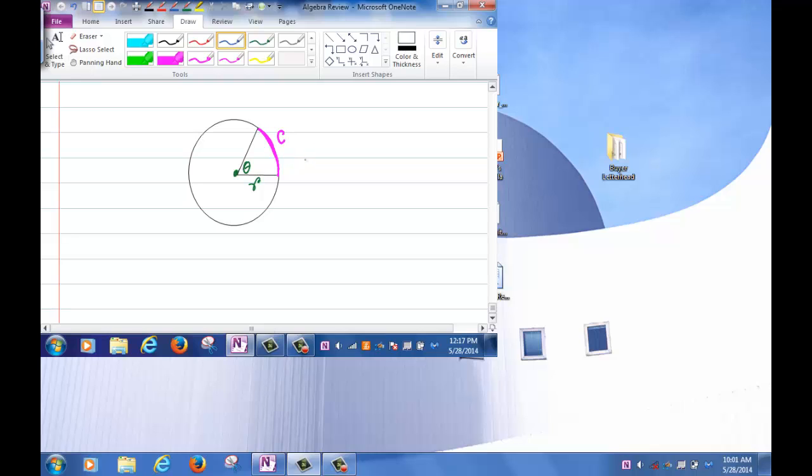Now the radian measure of theta is given by c divided by r. So the radian measure of theta is the ratio of the arc length c and the radius r. Okay, c divided by r, that gives you the radian measure of the angle theta. Is everybody okay with that?